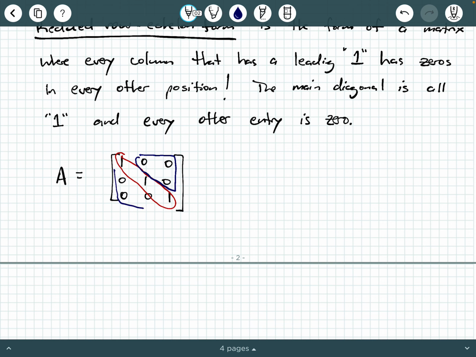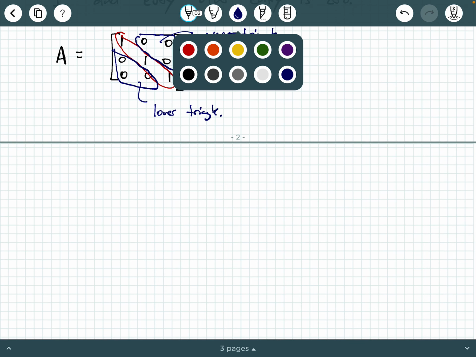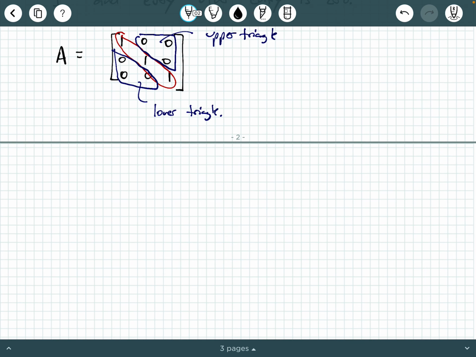Okay, sometimes we call these the upper and lower triangles. Sometimes we call this the upper triangle, and we call this the lower triangle. Okay, so let's do a few illustrations, and maybe pause the video as we go through this so you can help me identify more independently which of these matrices are in row echelon form, which ones are in reduced row echelon form, and which one is maybe neither.